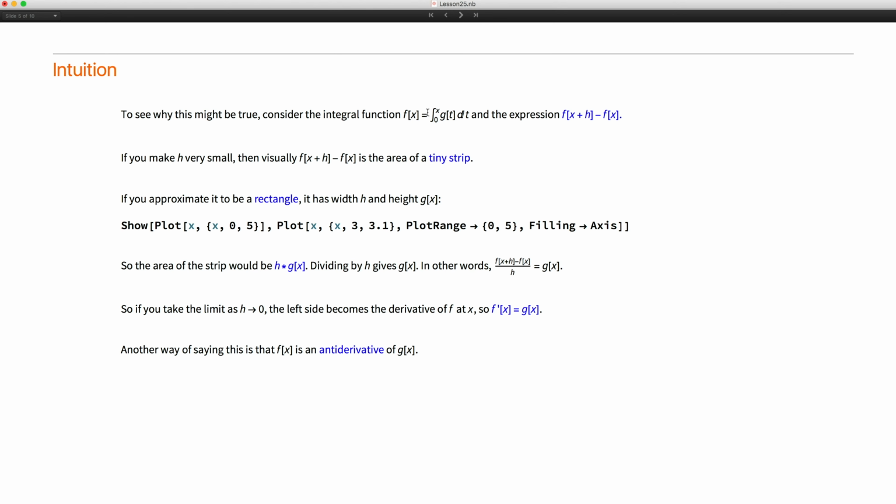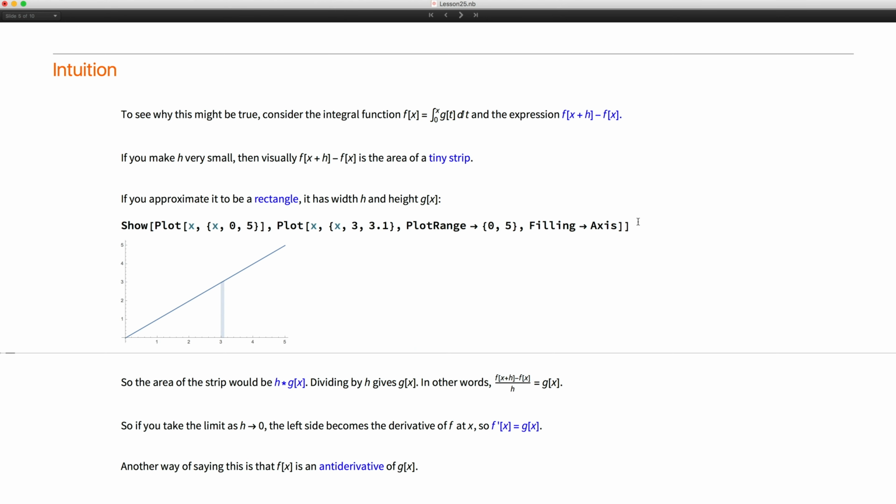So let's begin over here with the integral function again and think of the difference at 2 points, f of x plus h and f of x, two close by points with h being very small. Now that difference over here would just be the area of a tiny strip because h is very small. So here's a picture.